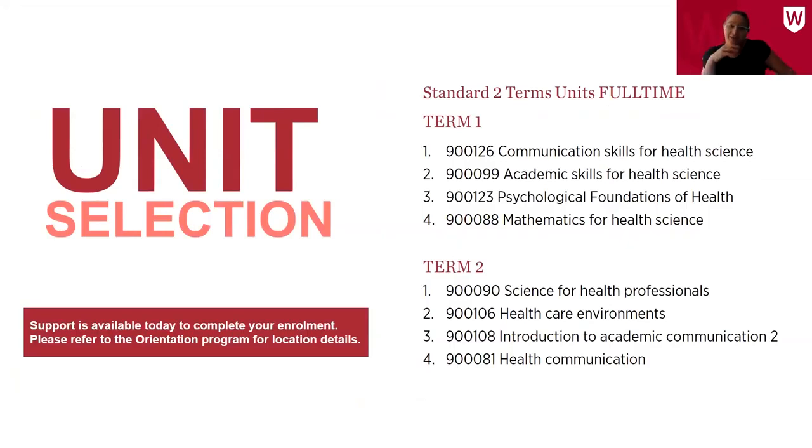Unfortunately, my 2-termers, you have no option but to go full-time, and you've got 4 units in term 1 and 4 units in term 2. So I've seen lots of chat around the fact that there is a lot of face-to-face or online or wherever. The hours of the foundations course are really demanding, and it is a full-time course, okay?